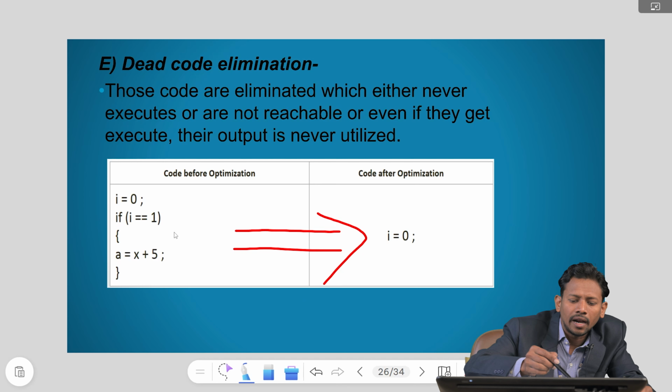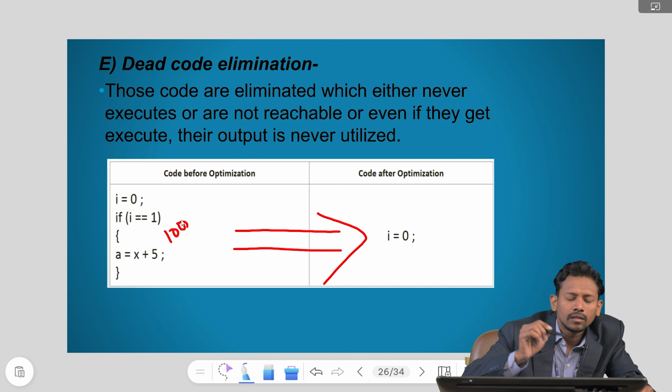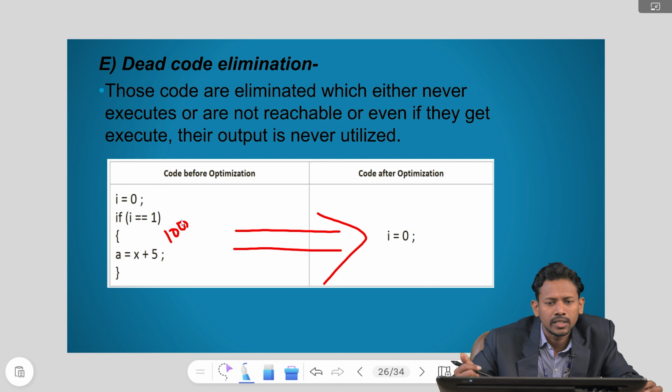Observe, if there are hundreds of statements, say 100 instructions in the if condition, those 100 instructions will never get executed, so that CPU time cycles will be saved in the execution process. So this is one of the code optimization techniques used by compilers.